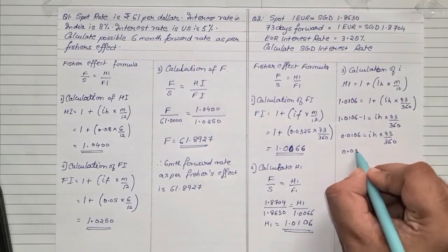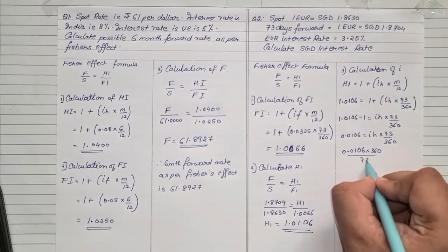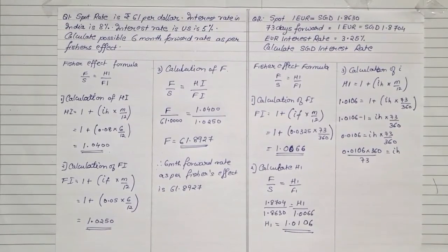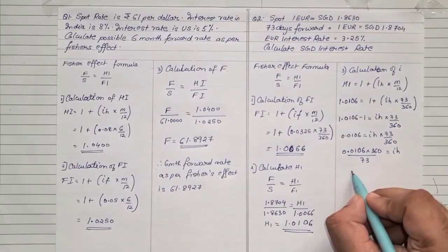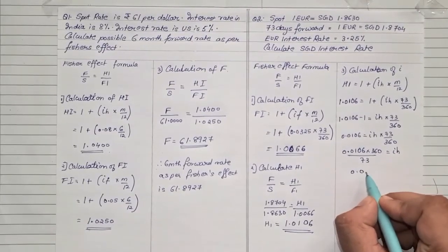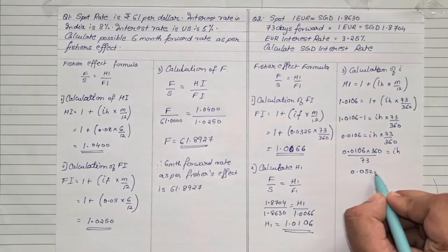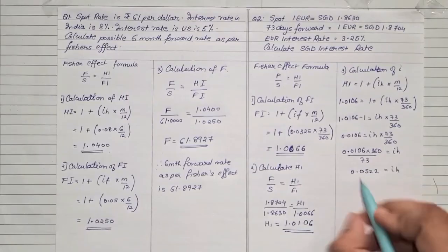So I'll get 0.0106 into 360 upon 73, that will give you my interest. So on your calculator, 0.0106 into 360 divided by 73, we should get a final value as 0.0522, that is IH.